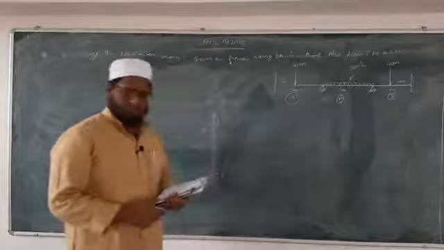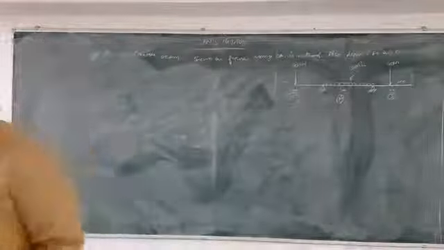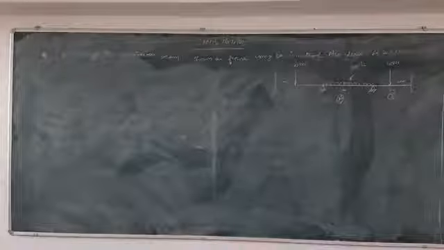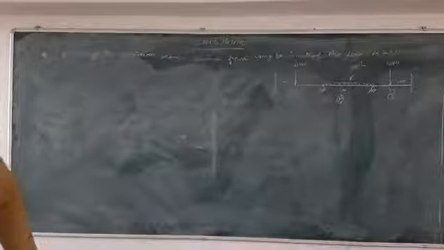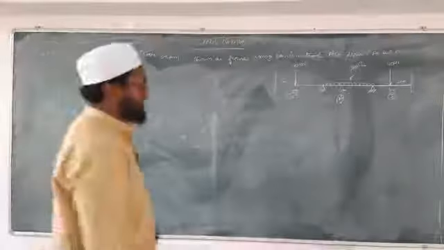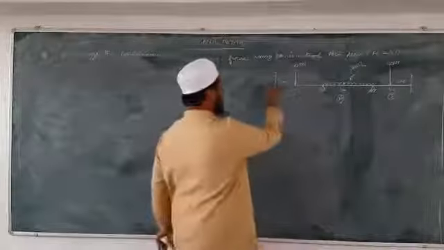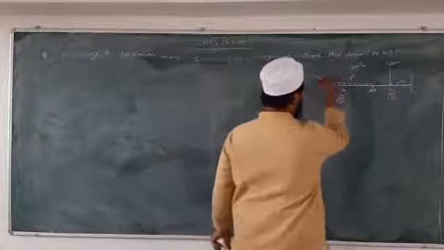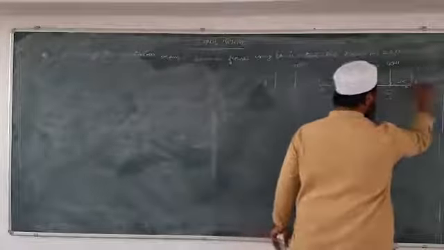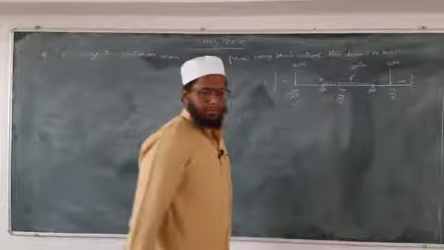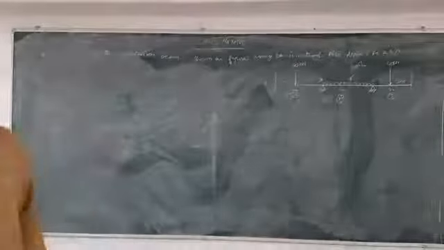Okay. So now we have to solve this problem with the help of Canny's method, and this is the continuous beam. Okay. So we'll name this beam as A, B, C and D. Yes, copy down.